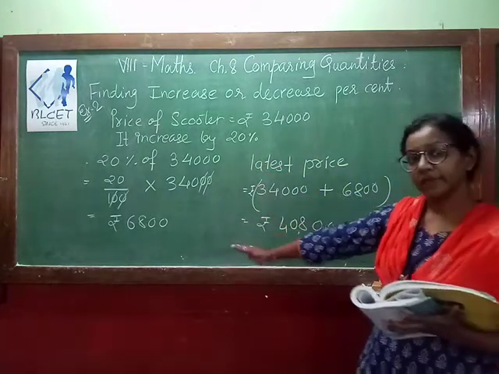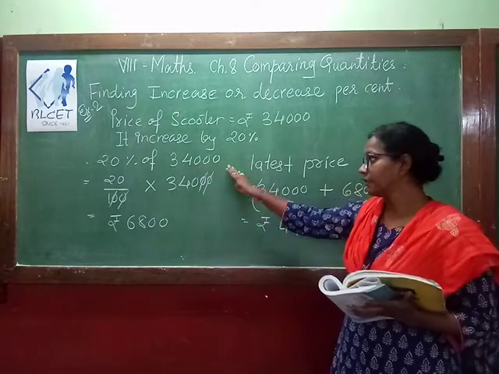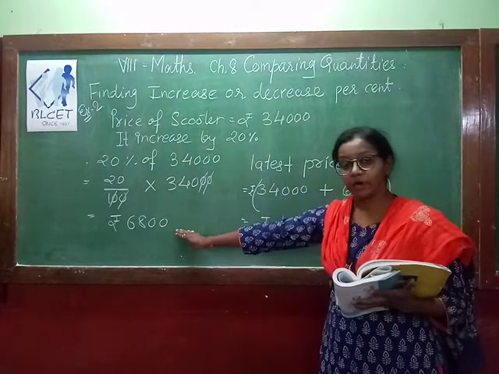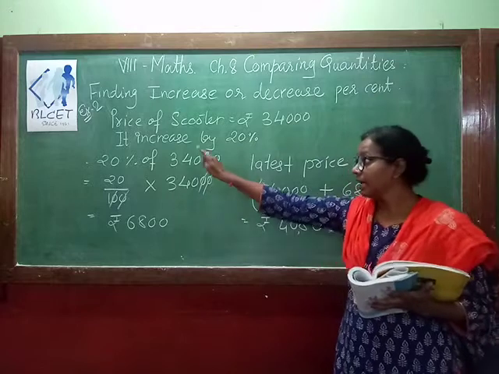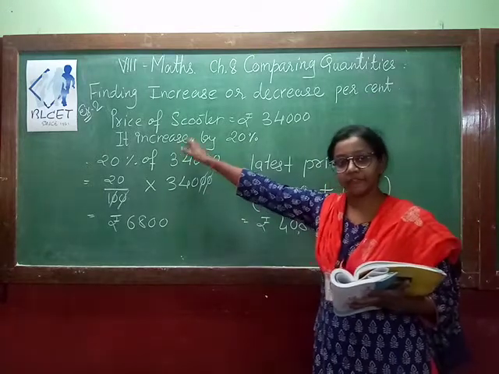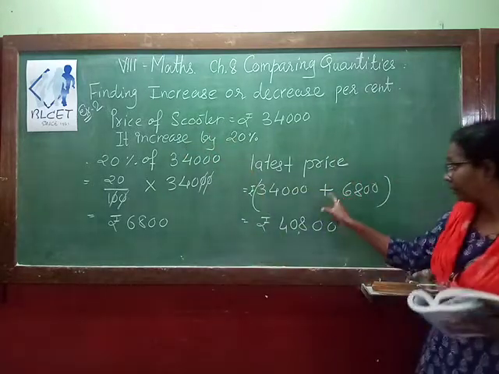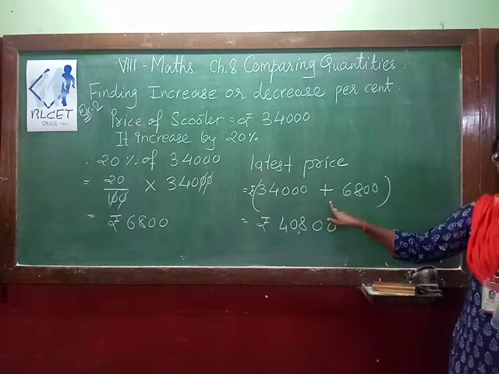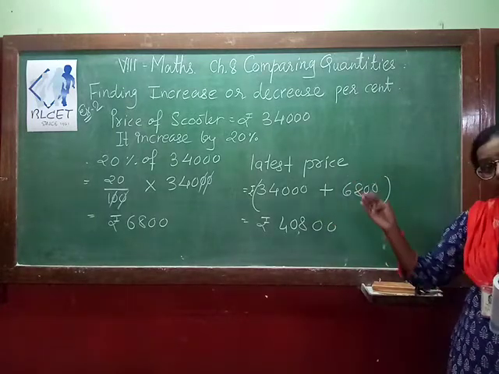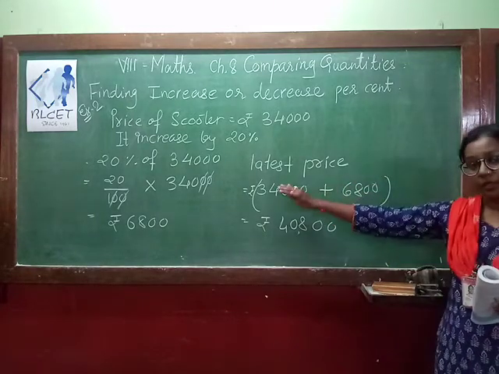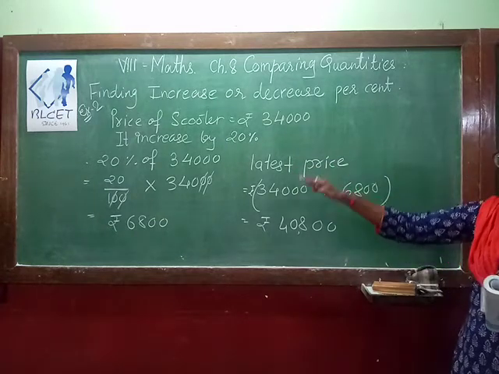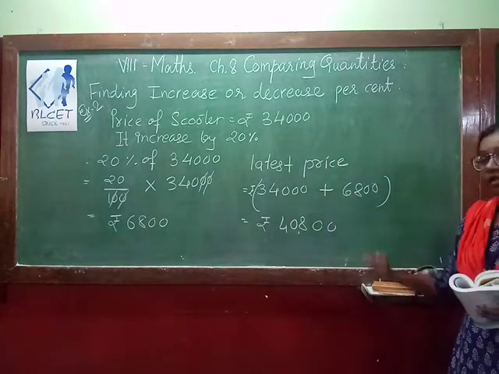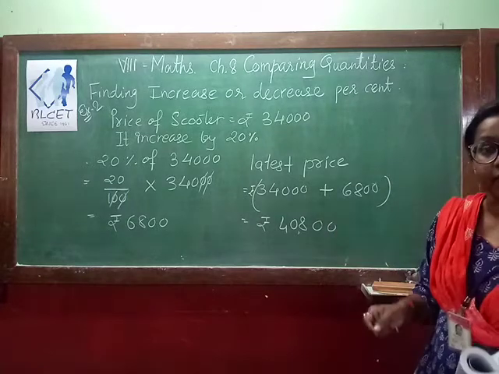The same method we have to follow. 20% of 34,000, then find the amount, that is 6,800. But in place of increase, if it is written decrease, then we have to do subtraction, not addition, because that much is already reduced. Whatever the total is, minus the decrease amount, you have to subtract and then you can find the answer.